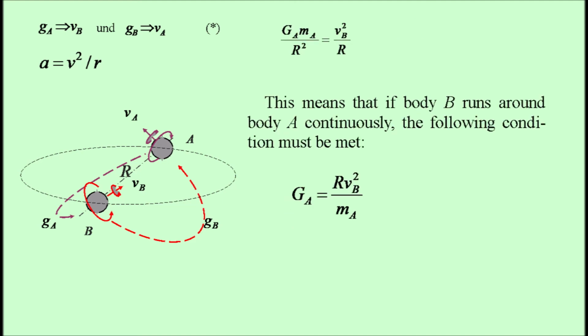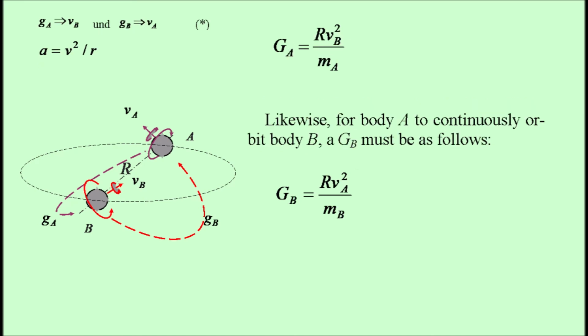This means that if body B runs around body A continuously, the following condition must be met. Likewise, for body A to continuously orbit body B, Gb must be as follows.